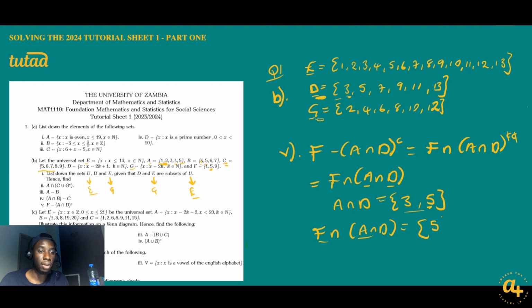So 5 is the element that is common in the set F and the set A intersection D. And by doing so, we've actually found the set F minus A intersection D complement. The answer is 5. And we are done completely with part B of question 1, which means that now we can move on to part C of question 1.